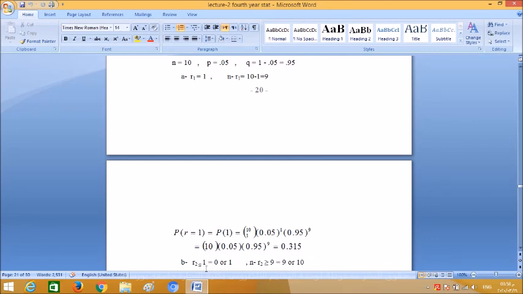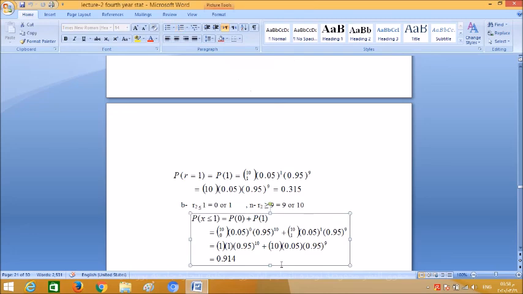When R is at most 1, I mean 0 or 1, so N minus R equal 10 or 9. Okay, so P of X equal to or less than 1 equals P of 0 plus P of 1. Okay, so P of 0 equal 10C0 multiplied by 5% power 0.